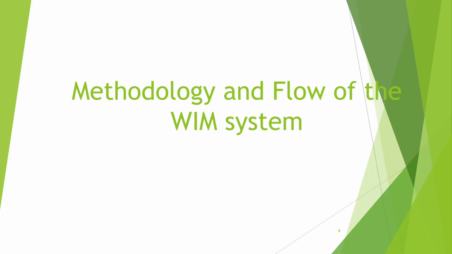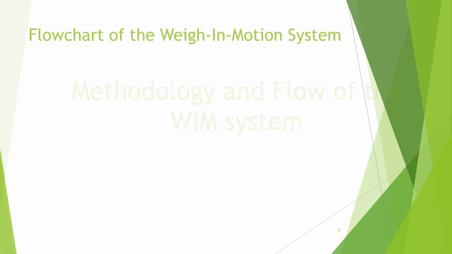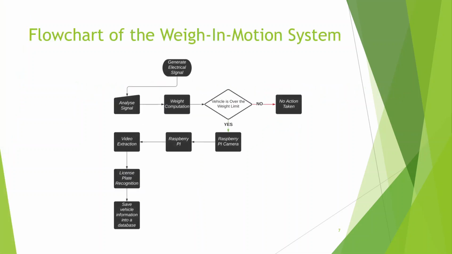Moving on to our methodology and flowchart of our WIM system concept design. Looking at our system flowchart, we will start by generating an electrical signal illustrating a vehicle passing over the weight sensor, then further analyze and compute the weight. The code then checks if the weight is over the maximum limit or not.